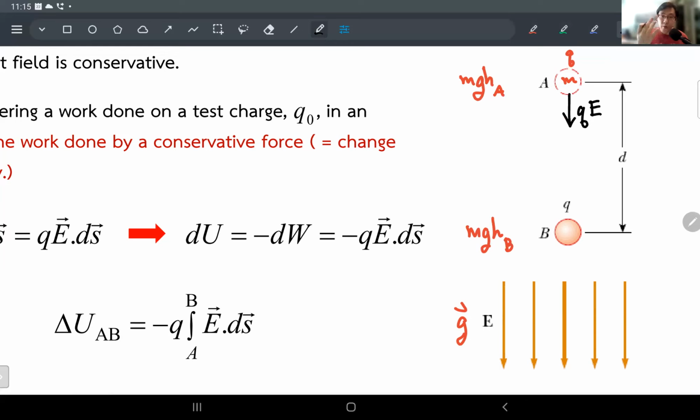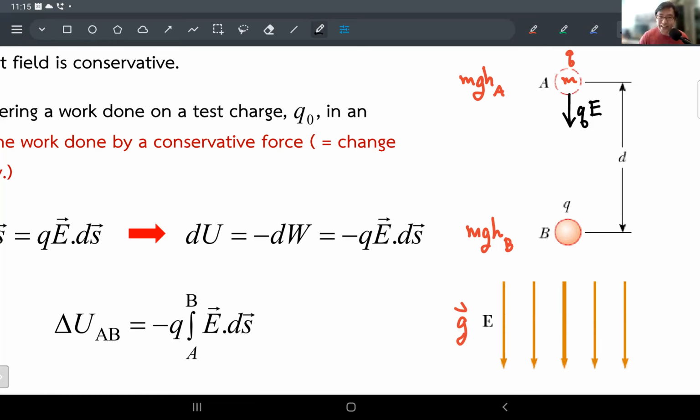So from the energy perspective, you're starting from some energy of the charge Q, and then eventually the charge Q travels along the electric field to a new position with a new potential. You said before, back in the day, that point A in gravity has a higher potential because it's higher. You should say the same thing with the electric field, because starting from A, Q is higher than B. With me now?